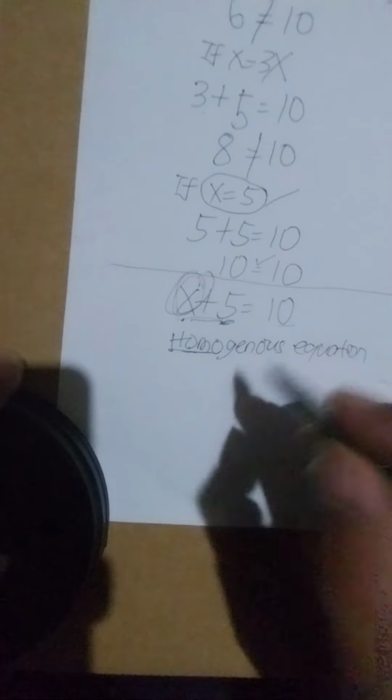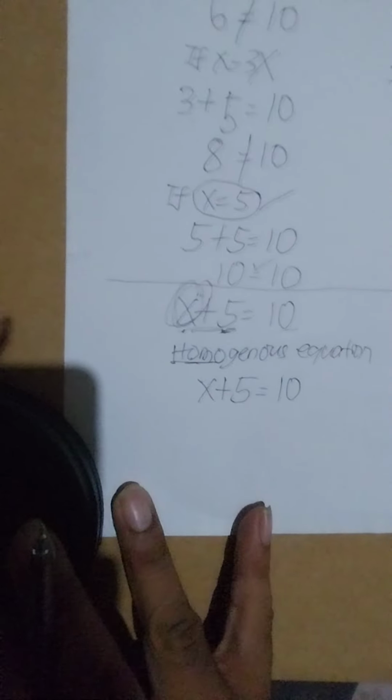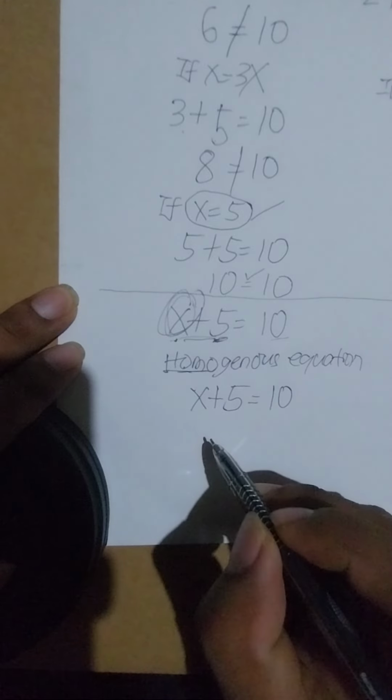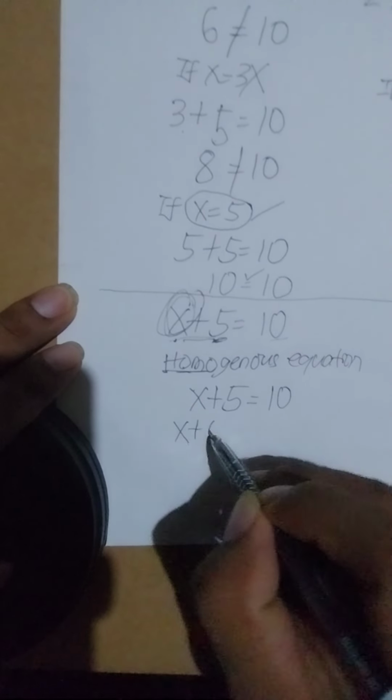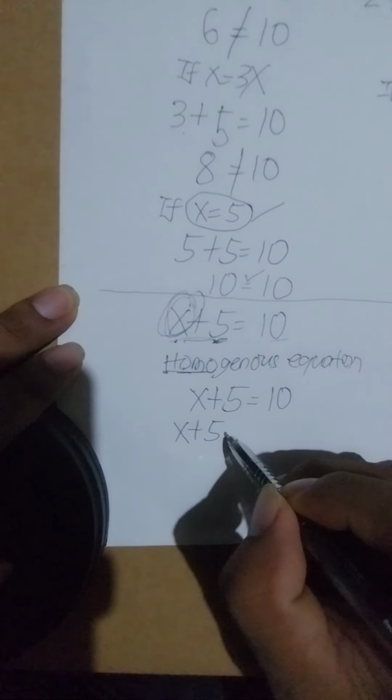So we will rewrite the equation first. X plus 5 equals 10. Ang gagawin natin dito is to subtract. X plus 5, we're going to subtract 5 on both sides of the equation.